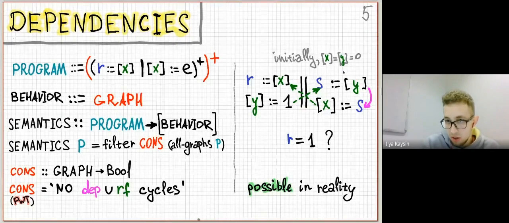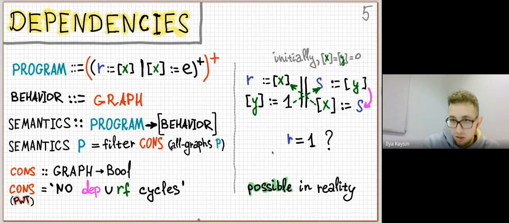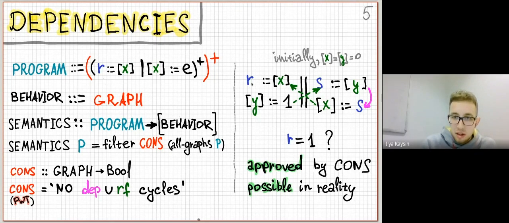So this execution is fine because there is no DEP union RF cycle, and thus reading one from x is possible. This execution is approved by our new consistency predicate.